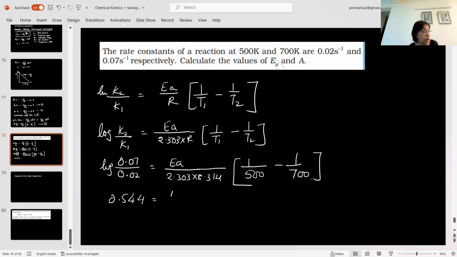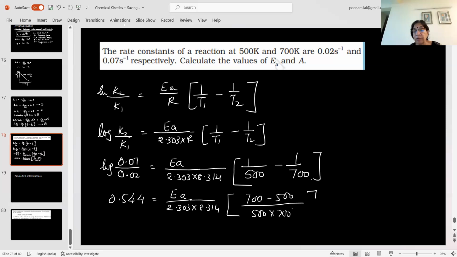That is equal to EA by 2.303 into 8.314, and we'll calculate what is inside the bracket first. So you have to take an LCM here. So it will be 500 into 700, and on the top 700 minus 500. All right.